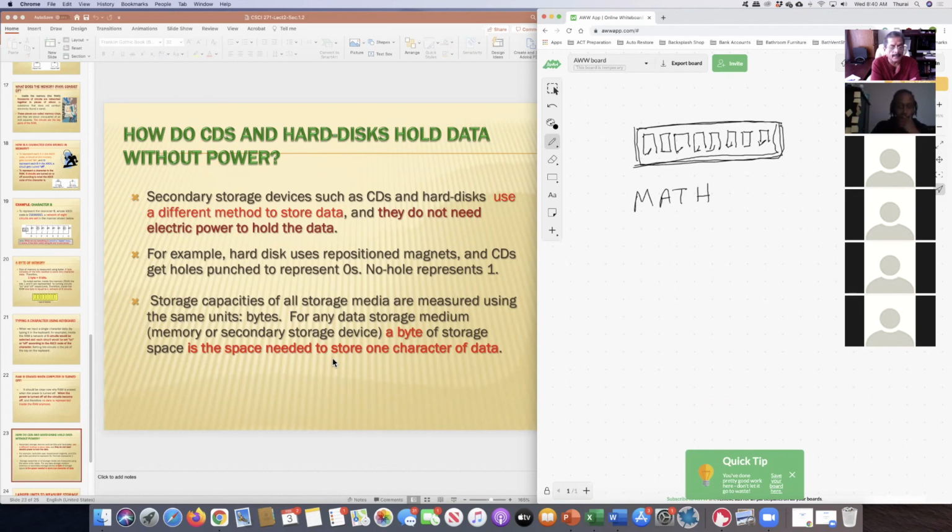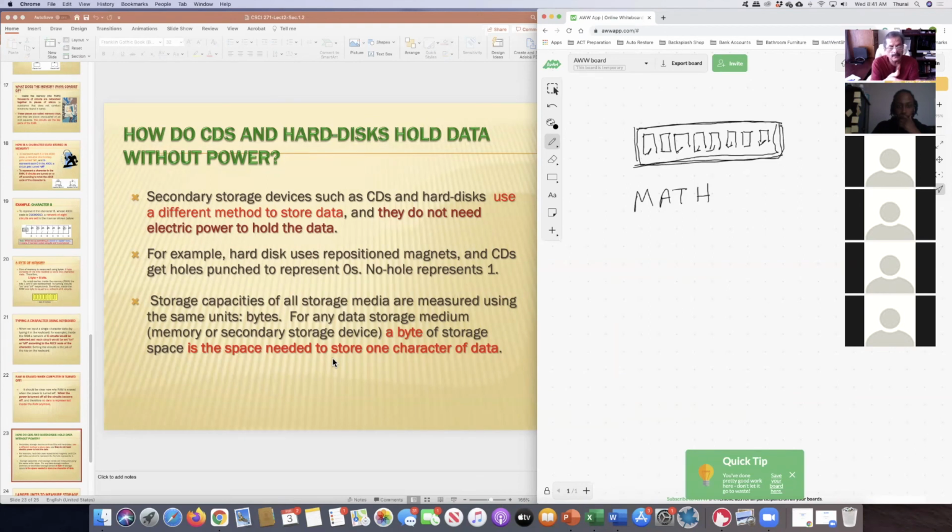What about the CD? CD, even though it sounds fancy, this technology is very simple. To represent one, you punch a hole on the plastic. It's a plastic disc. You punch a hole that represents 1. No hole represents 0. So 1 and 0 are represented by hole, no hole.